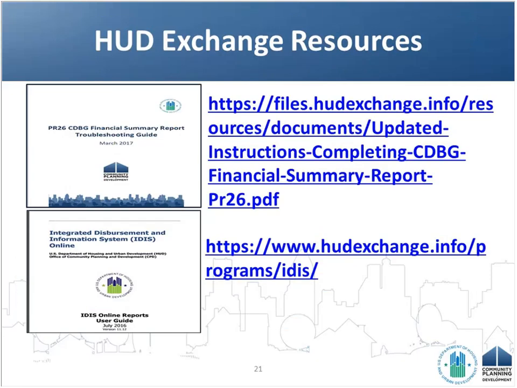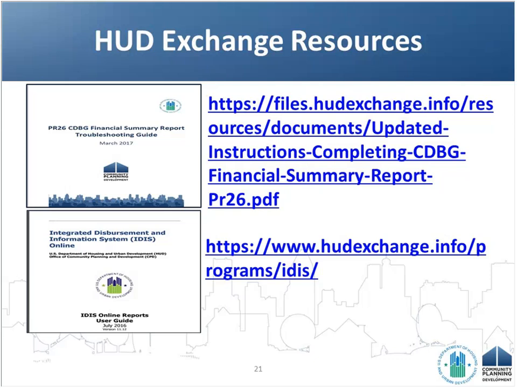We have some real good resources on HUD Exchange. One, we have instructions for completing the CDBG Financial Summary Report, the PR26 Financial Summary Report. We provide a link on the right. You can check that link and see how to run and use that report.